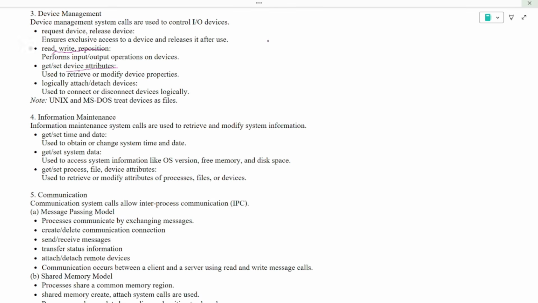Attach means you add or insert it, and detach means you disconnect it. In Unix and MS-DOS, a device is treated as a file.